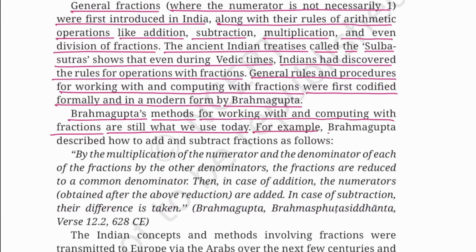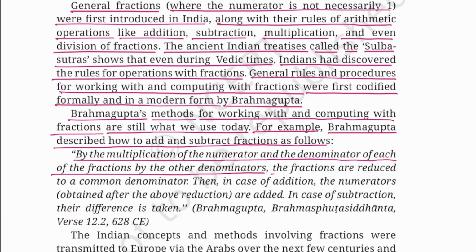Brahmgupta's methods for working with and computing with fractions are still what we use today. For example, Brahmgupta described how to add and subtract fractions as follows. By the multiplication of the numerator and the denominator of each of the fractions by the other denominators, the fractions are reduced to a common denominator.